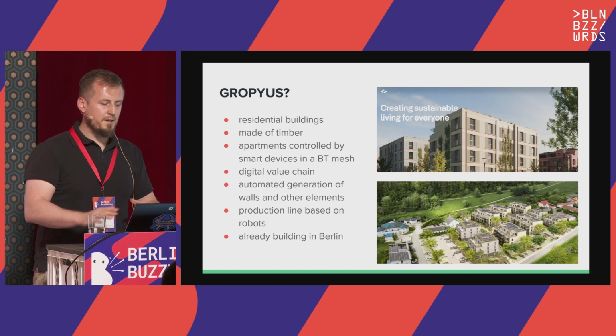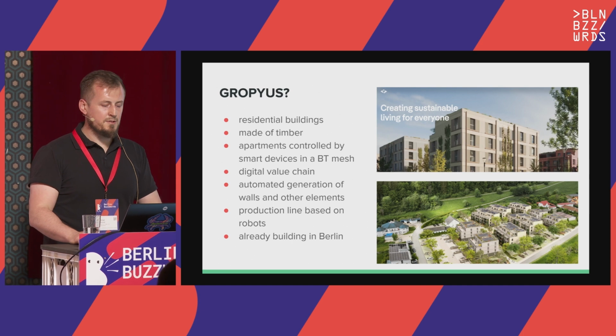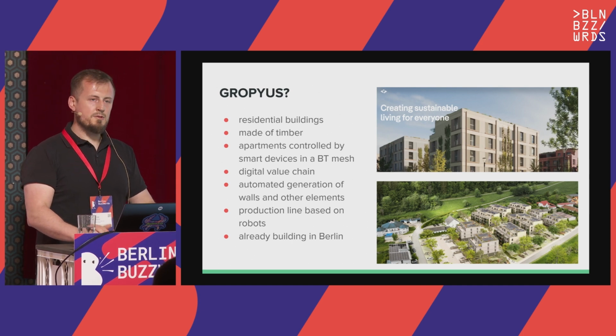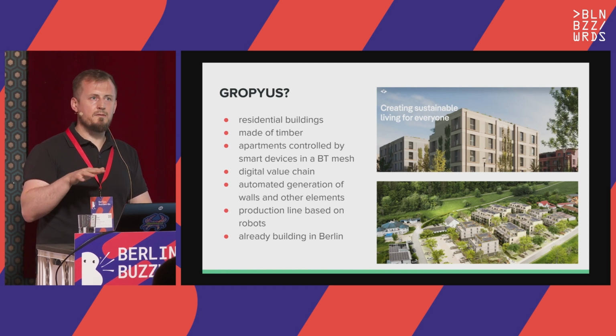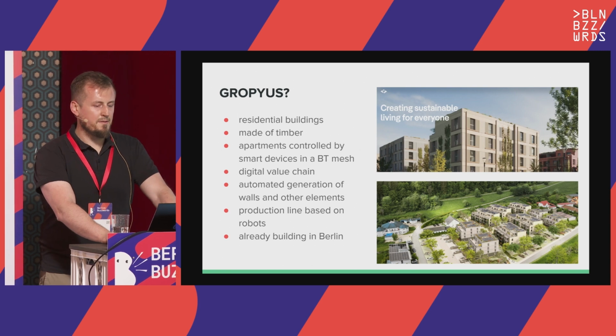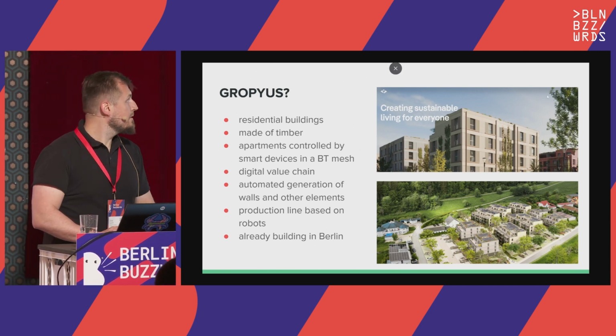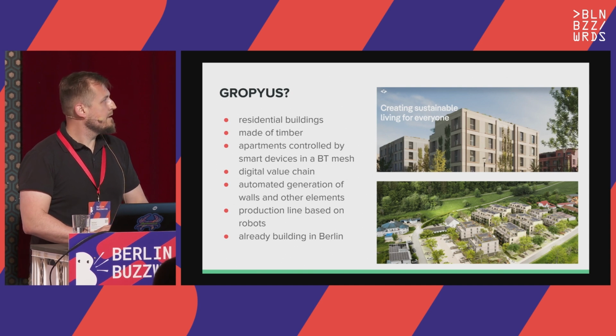We completely automated generation of walls and elements, so basically they are completely auto-generated. And the production of those elements is done in a car-factory style in a factory with proper robots. What you see below here is a project that we are building currently in Memmingen, and we also have several other projects, including Berlin.